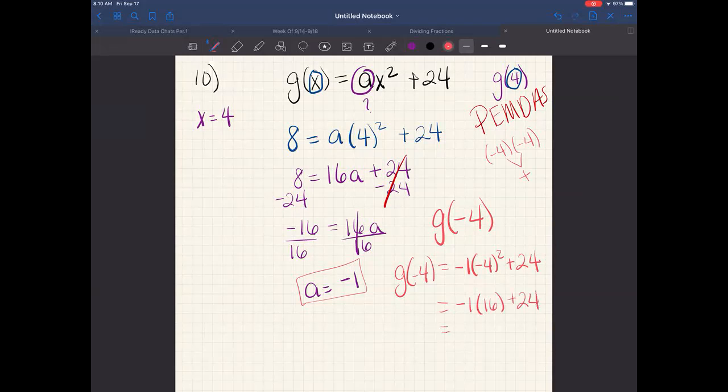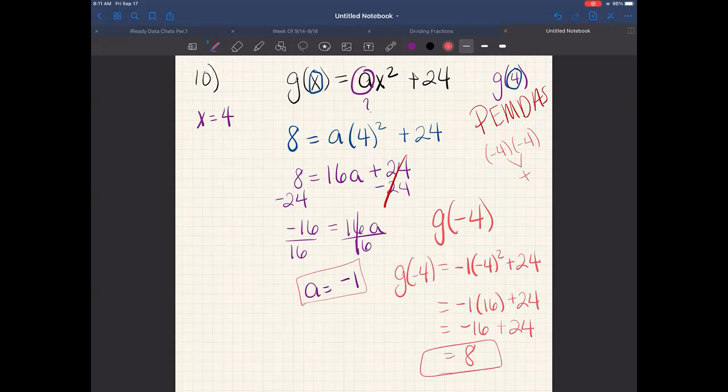What happens to my 16 now? Times negative 1, so now it will become negative. Negative 16 plus 24 is equal to 8. That is my final answer.